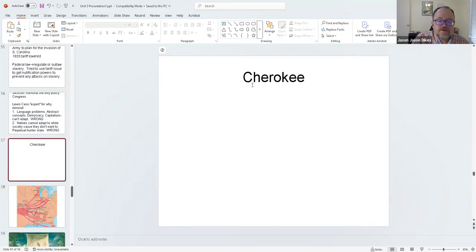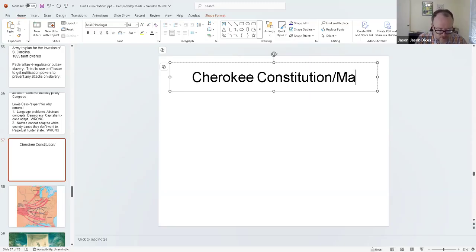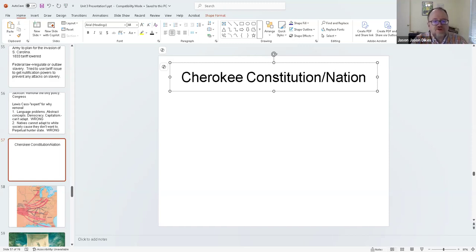All right. The Cherokee had adopted their own constitution, their own nation. There was a Cherokee president. There was a Cherokee Congress. There was a Cherokee court. And so the Cherokee pretty much adapted to white society pretty well.